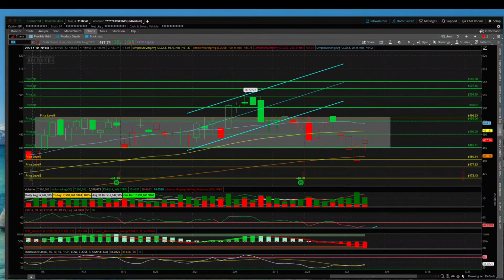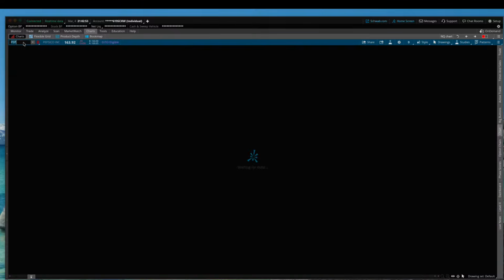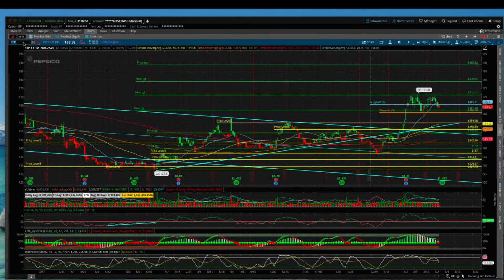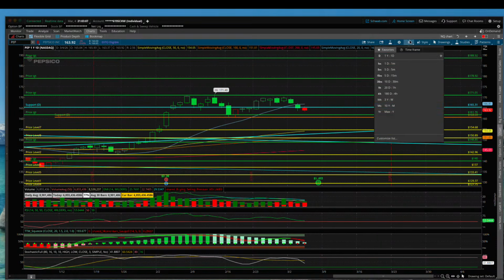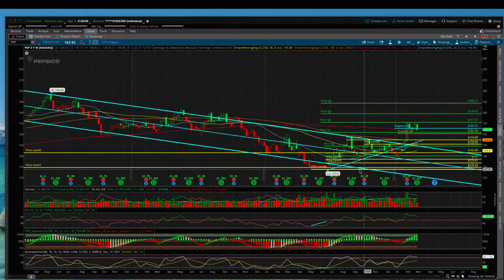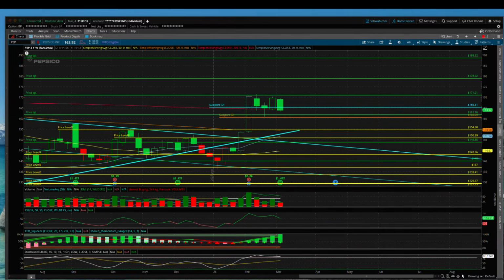Okay, Pepsi. Pepsi right now is just chilling. Nothing looks wrong with it. It's just going sideways. If we look at it on a weekly chart, you could see that it's beautiful, actually.